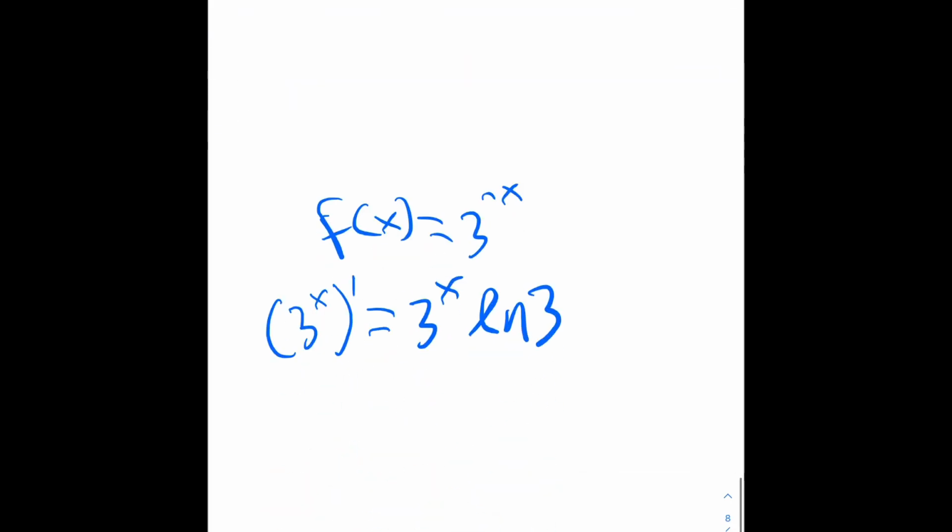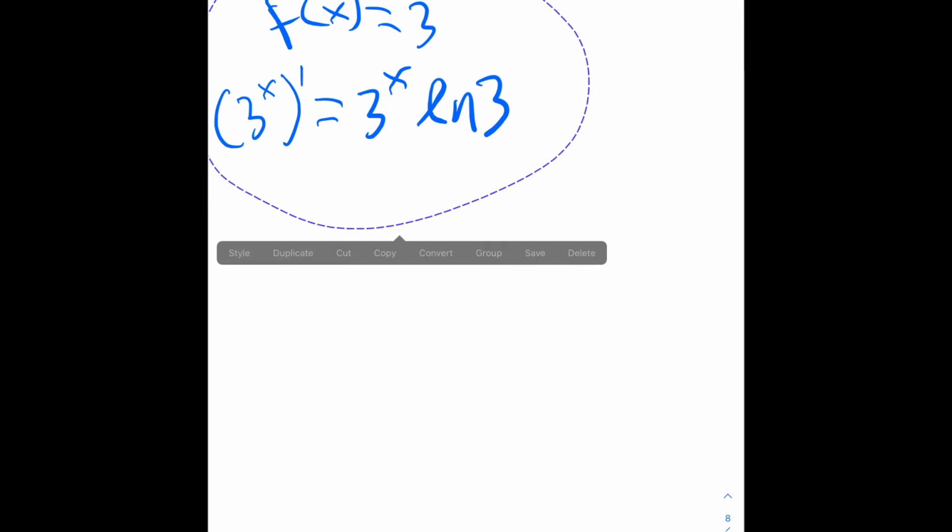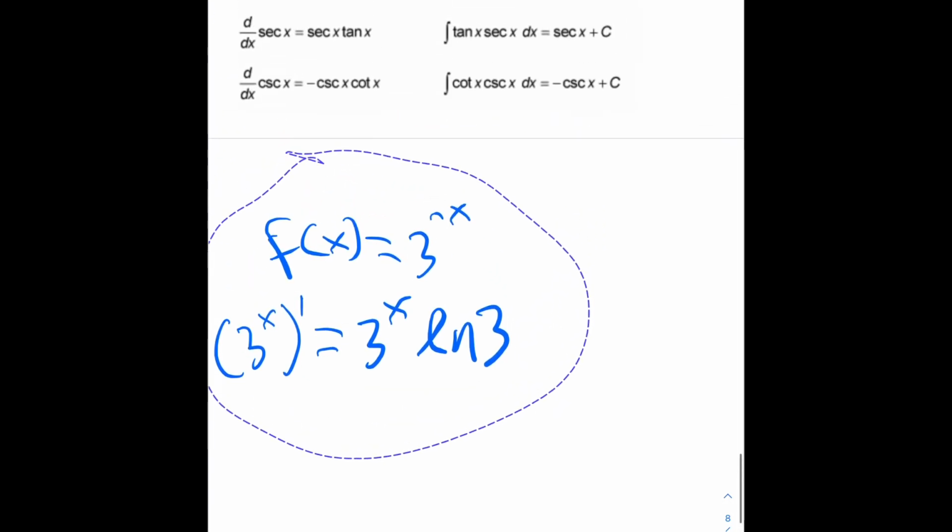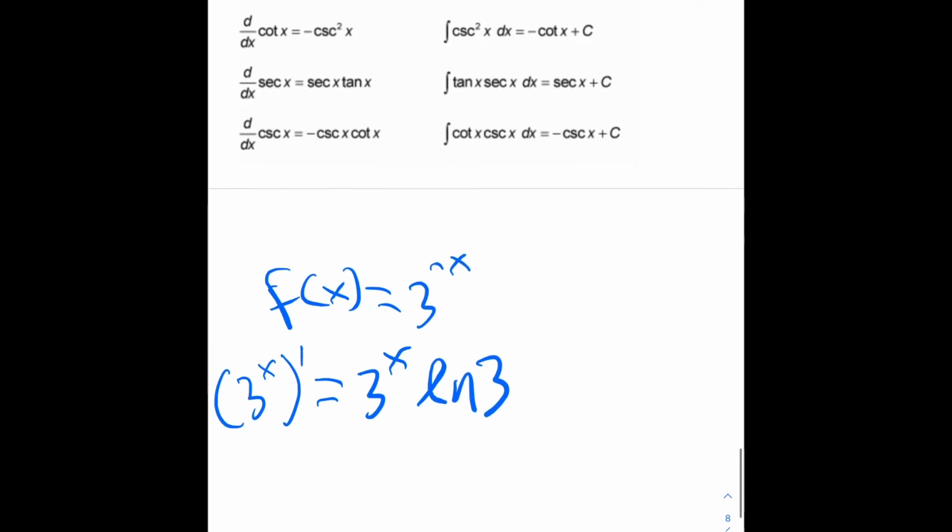All right, so if we take a look at another example, referencing my cheat sheet here, a number to the power of x, that's like this example right here. So if I look at, all right, I want to find 3 to the negative x. Well, I know that the derivative of 3 to the x would be 3 to the x times ln 3.